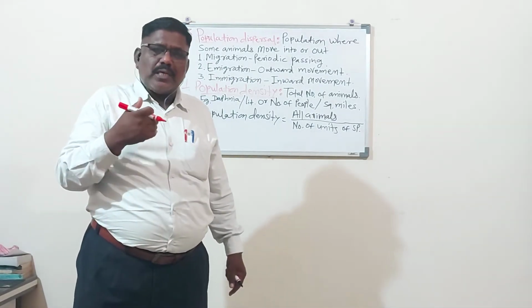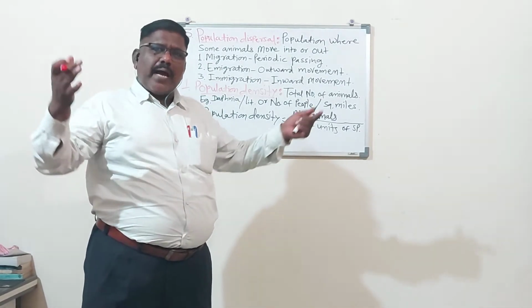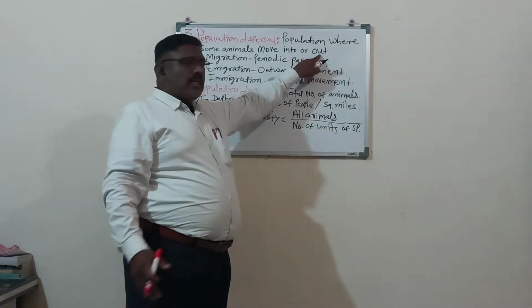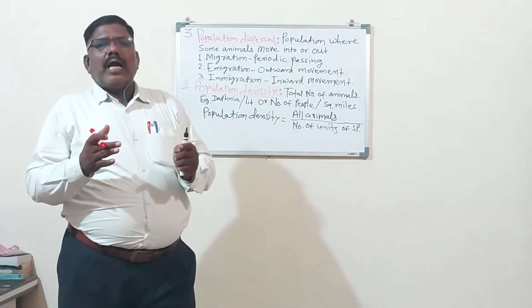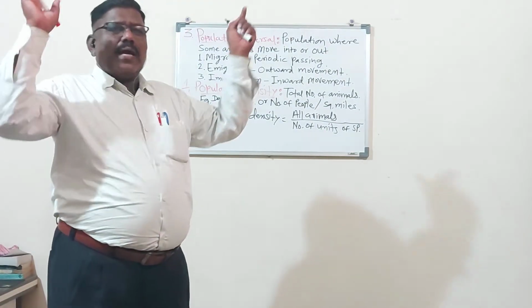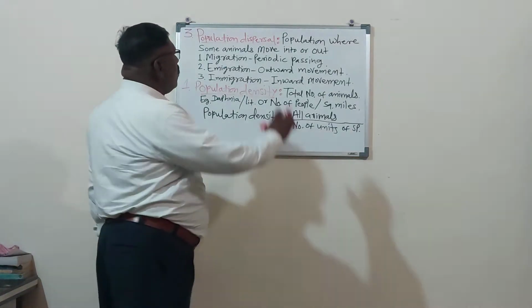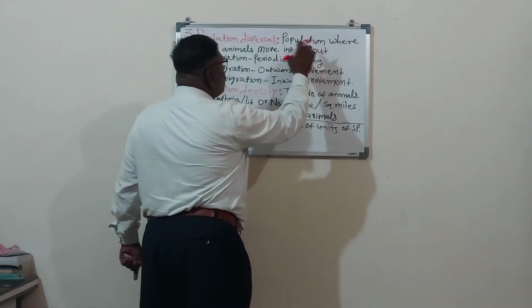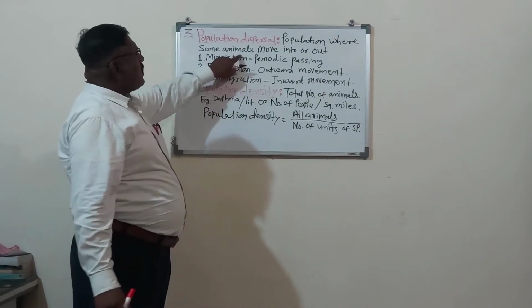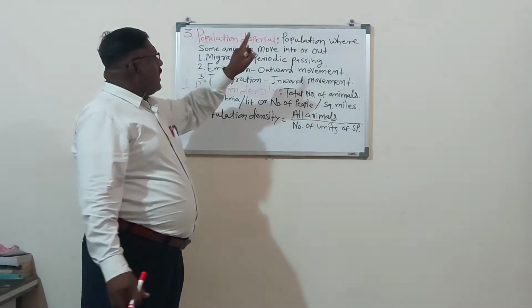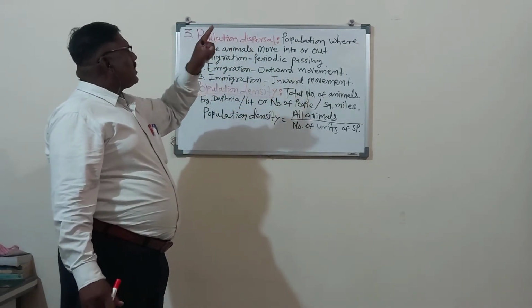Into the population means some animals coming from anywhere into a population. Or out of the population means from a population animals are going anywhere out from the population. So into and or out. Some animals move into the population or out of the population. That is called as the population dispersal.